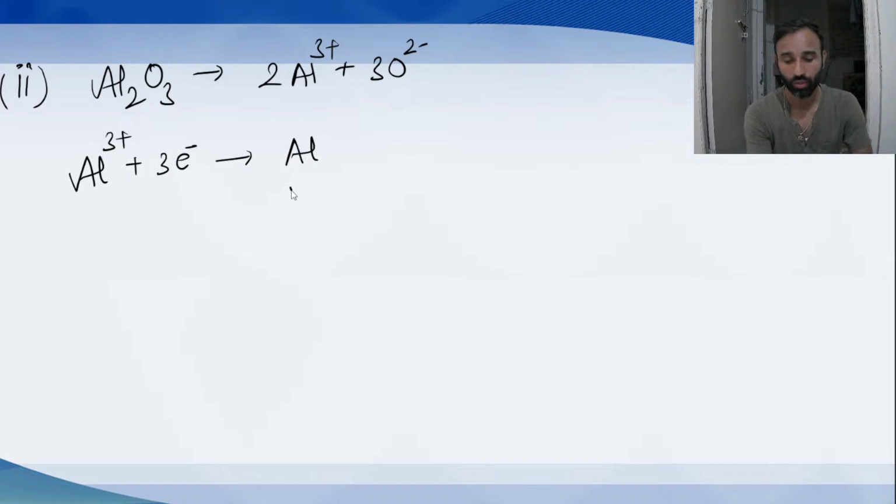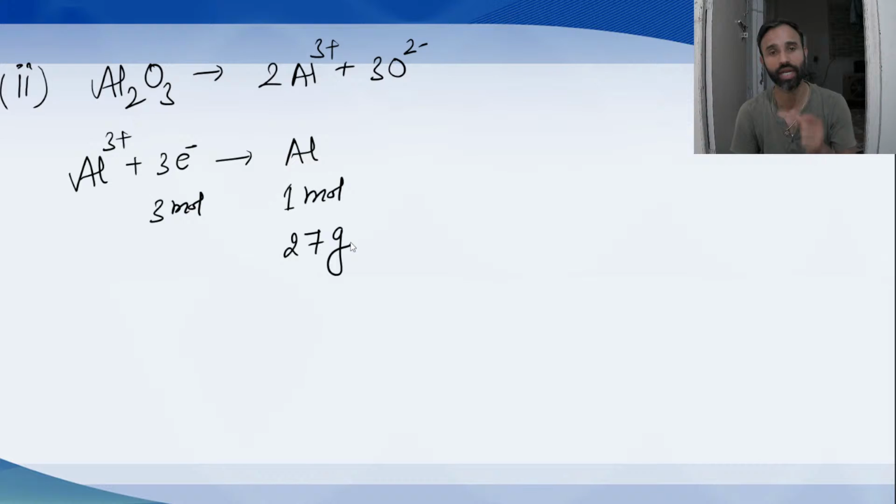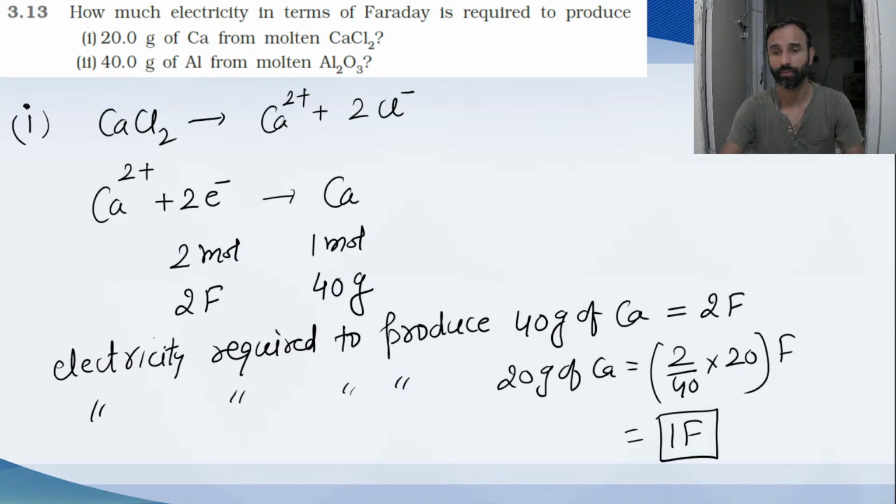That means to produce 1 mole of aluminium, 3 mole of electrons are required. To convert 1 mole of aluminium into grams, what is the atomic weight of aluminium? 27. To produce 27 gram of aluminium we need 3 Faraday of electricity, and we have to calculate for 40 gram.